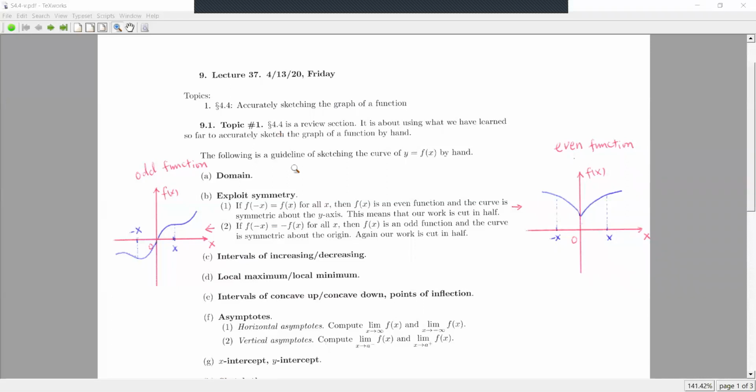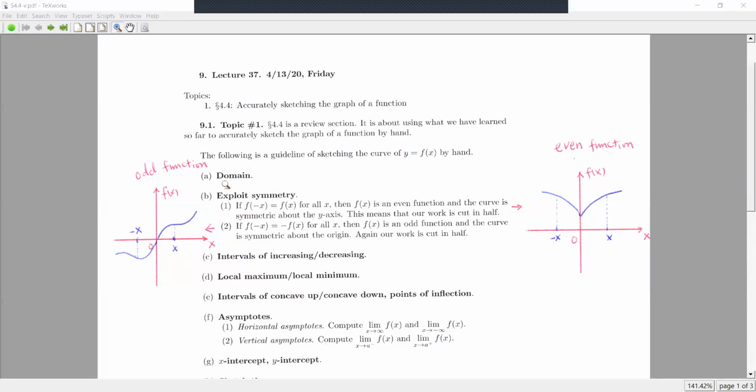The following is a guideline of sketching the graph of a function by hand. If you follow the steps in the guideline, then the curve that you obtain is accurate, almost no different from the graph plotted by a graphing calculator.